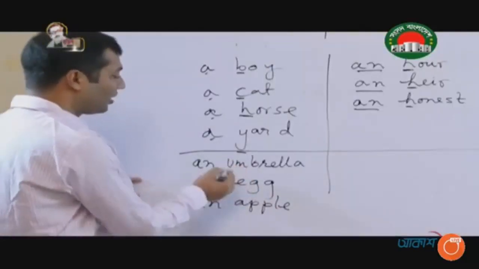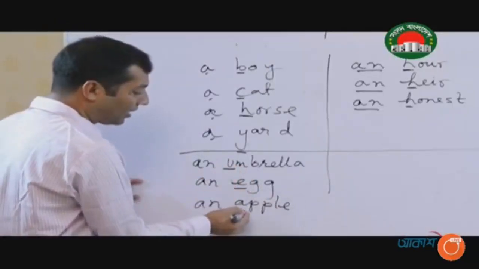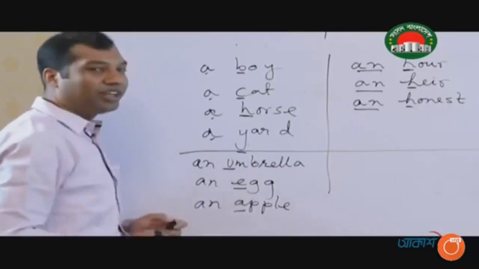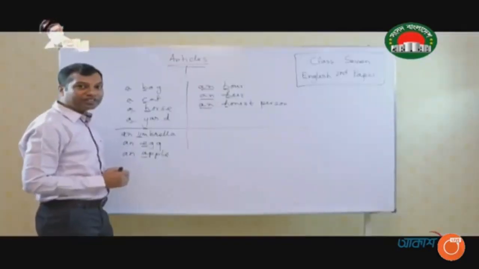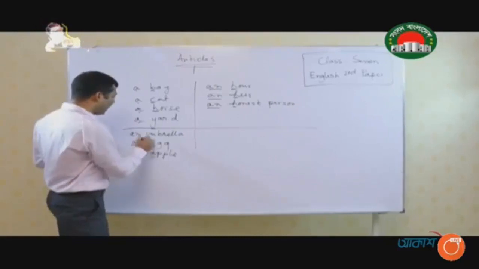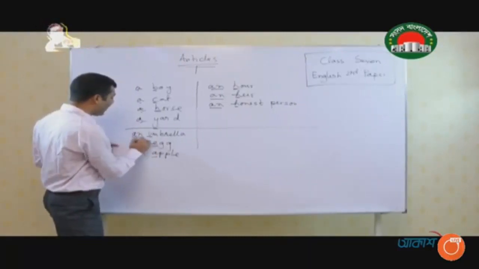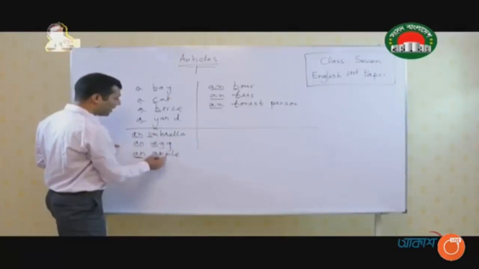So look at these words, umbrella, egg, apple. The initial sound is a vowel sound. So as they are vowels, we are using an before them. An umbrella, an egg, an apple.